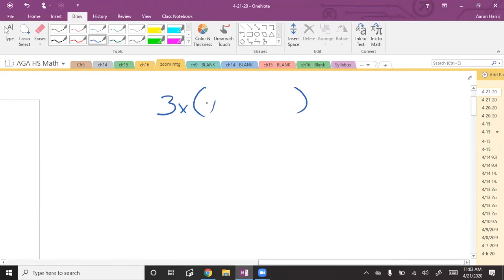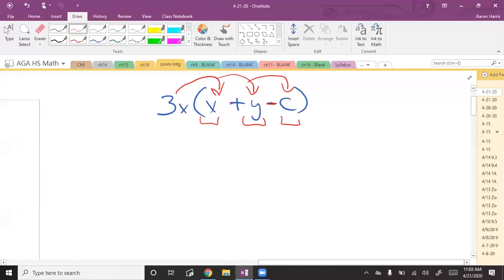Now, if I just did something real simple, 3x times (x plus y minus c). We take what's on the outside and we multiply it to every single term on the inside. So I got one term, two terms, three terms. How do I know what the terms are? They're separated by plus and minus signs.